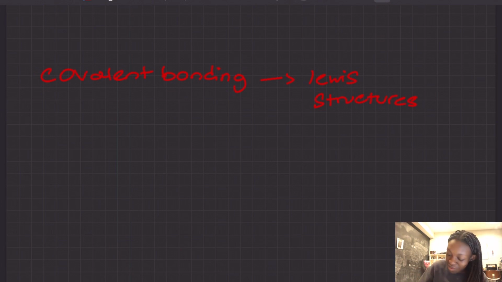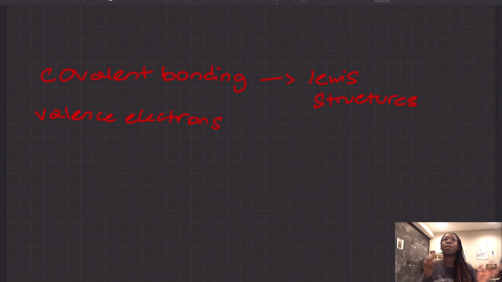The other thing to remember about Lewis structures is that they only represent the valence electrons of an atom or an element. So when you're looking at the periodic table, they only represent valence electrons. That's really, really important to remember because sometimes students get a little bit confused.